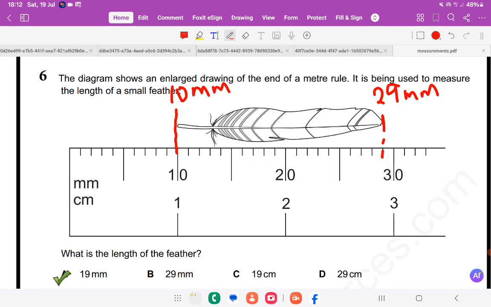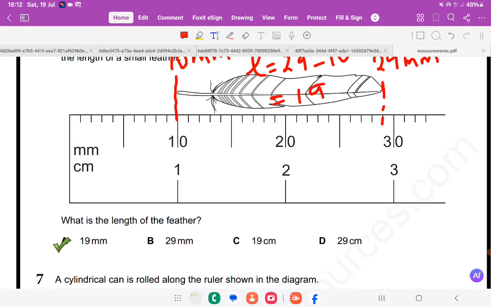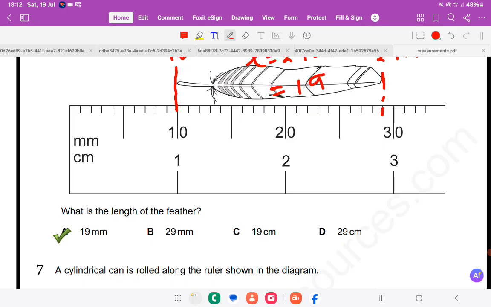Then you subtract, so this length is simply the difference between 29 and 10. Okay, so subtracting gives us 19. That means the answer to the question is A.